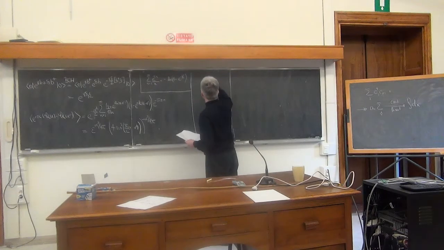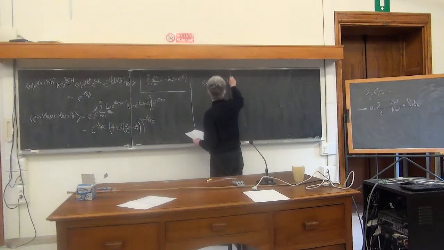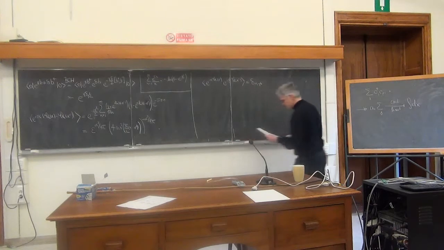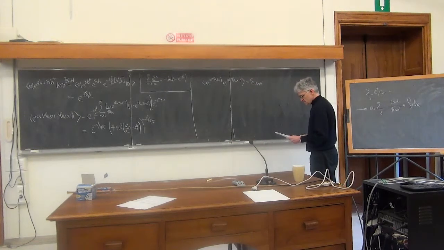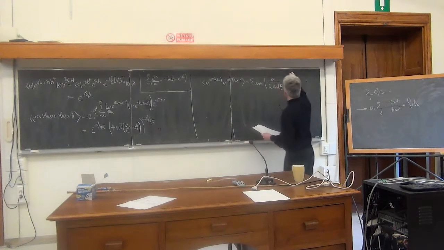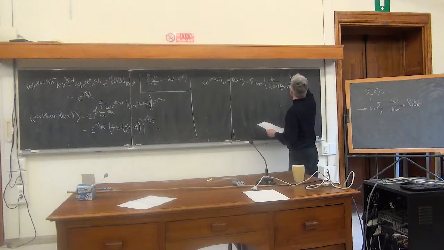Putting everything together, you get e to the i alpha phi right of x, e to the i beta phi right of x prime is delta alpha minus beta, and I skip some other steps, times i epsilon 2 sine of pi over L, x minus x prime, to the alpha squared over 4 pi.